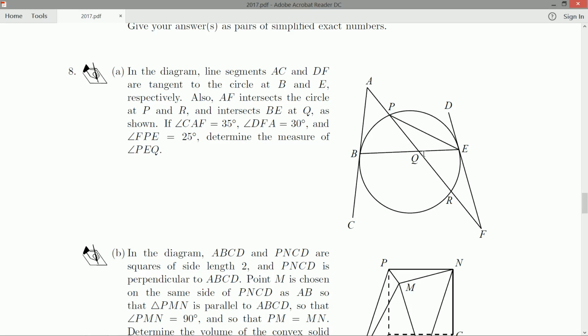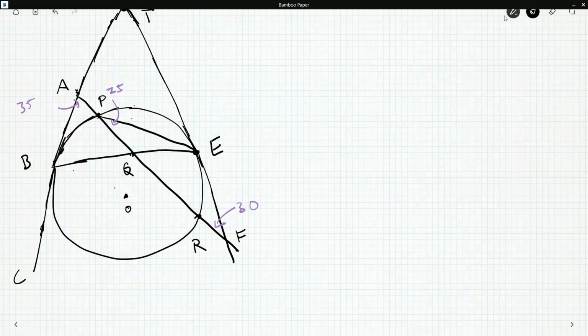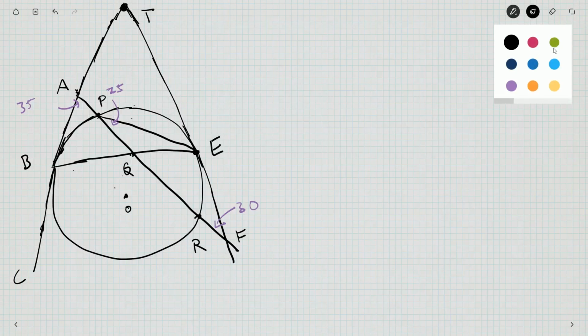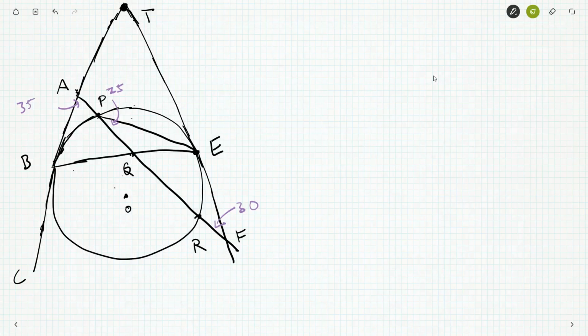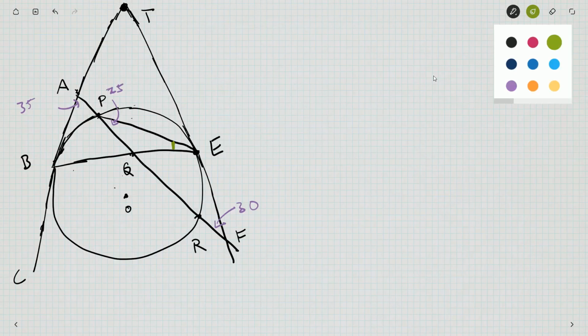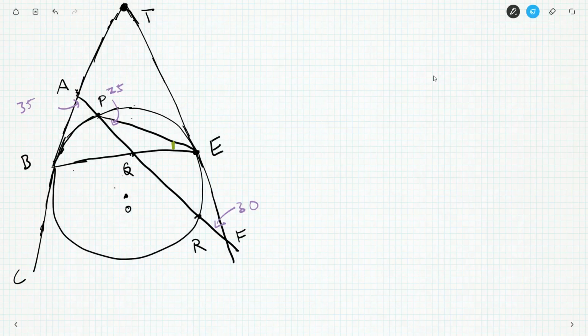All right, so what do we want? We want PQE. So we'll label that in green. PQE, this is the angle that we're interested in. Okay. So I think we're just going to have to diagram chase here.